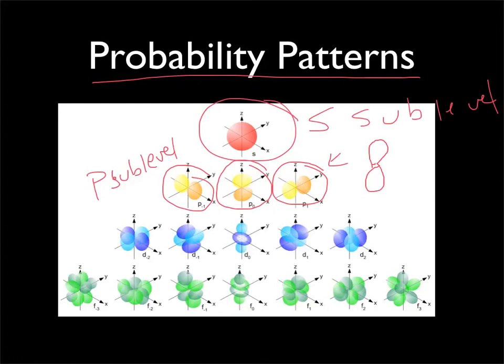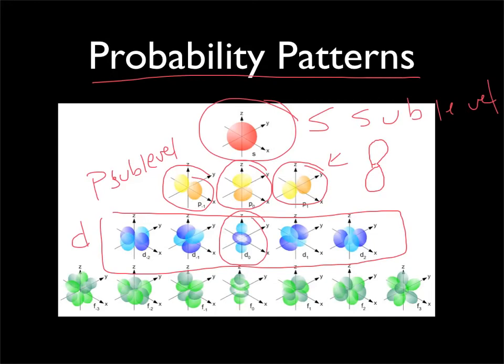This is the D sublevel. Notice that they're starting to get kind of weird. We've got kind of double dumbbell things. And then we've got some weird thing right here that looks like a dumbbell with a donut. And remember, all this stuff is going around one nucleus. You've got the S, the P, the D. And then when you get to the F, they get really weird.